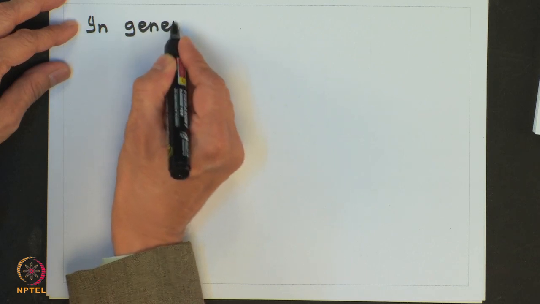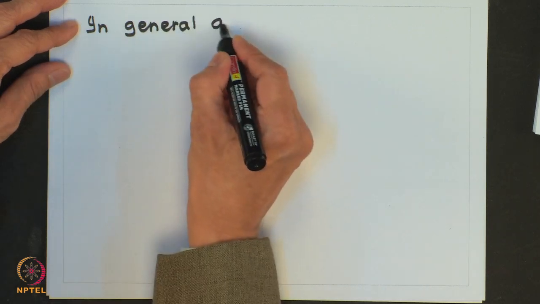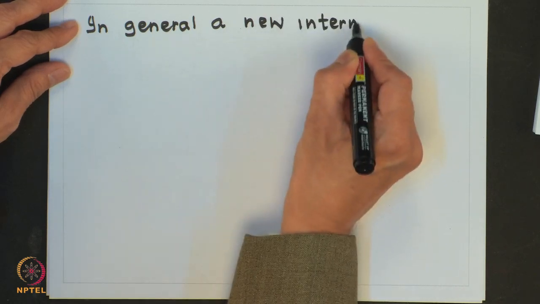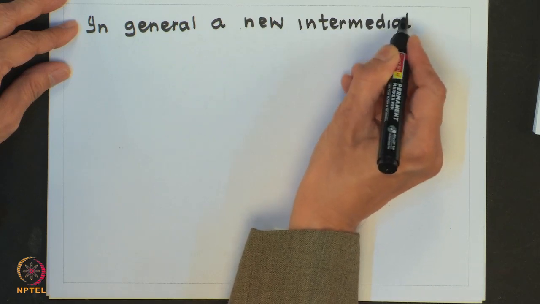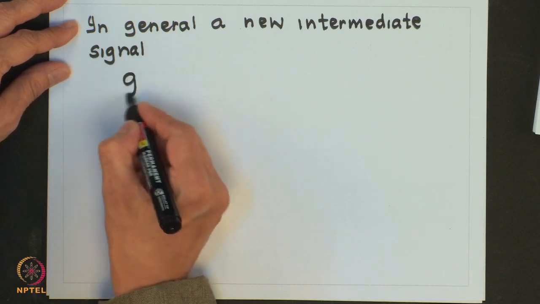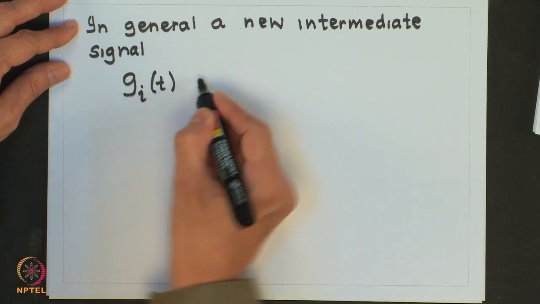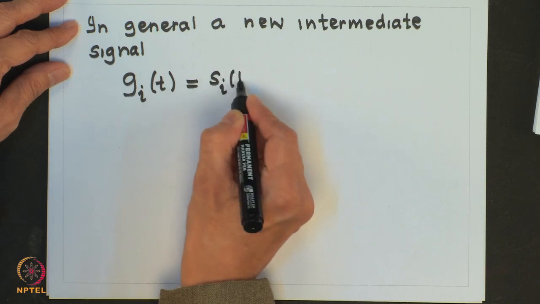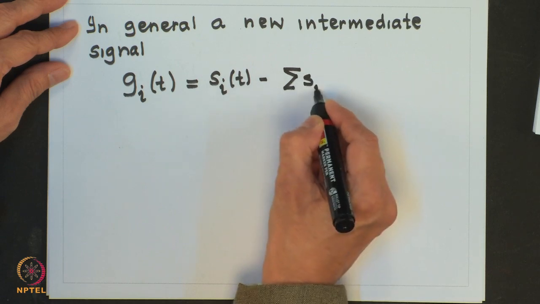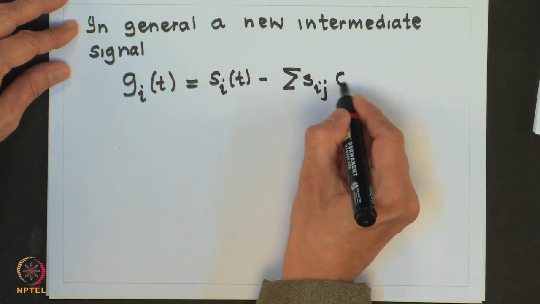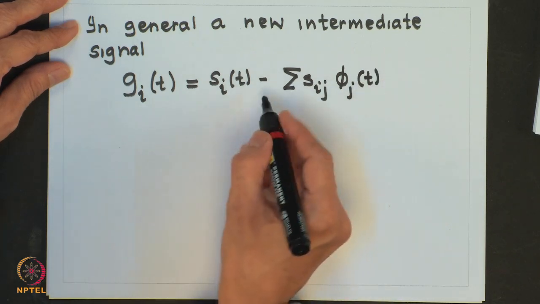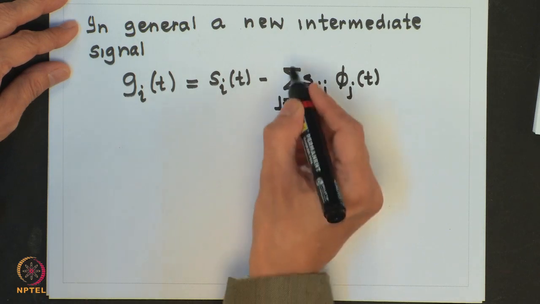Okay, fine. So, in general, I can always form a new intermediate signal as follows. g_i(t) is equal to s_i(t) minus a linear combination of basis functions which have been computed earlier.